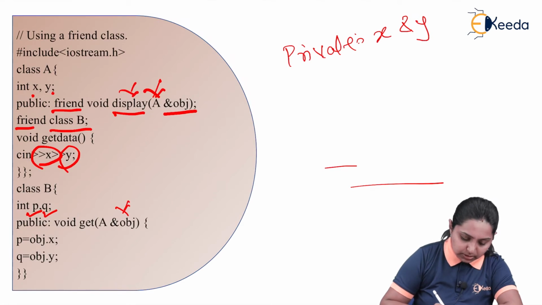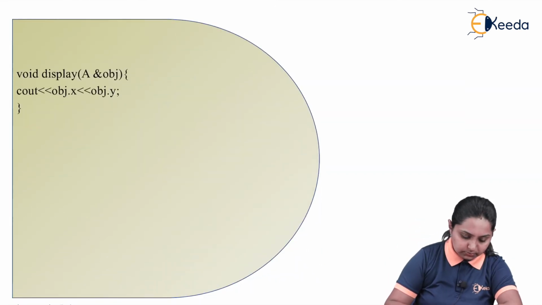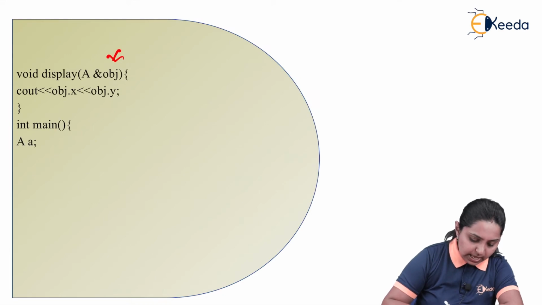Next, we take obj.x and obj.y, so the values of x and y will be accessible to P and Q. Next, we create the method void display, which accesses the object A with obj.x and obj.y.